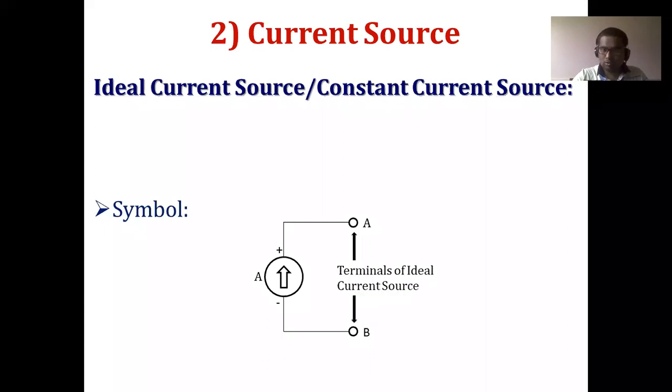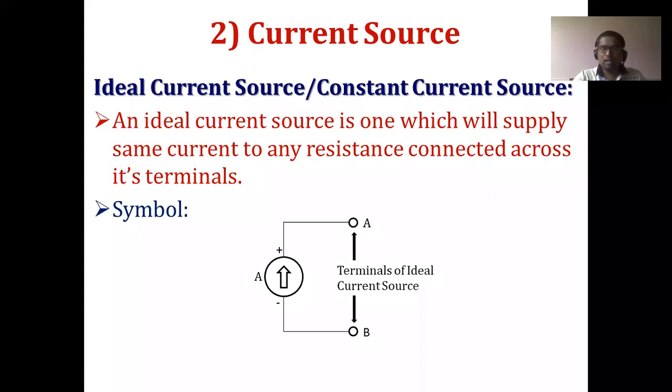So try to read that. These are the two terminals of an ideal current source. Read the definition: an ideal current source is one which will supply the same current to any resistance connected across its terminals. म्हणजे A आणि B मध्ये कोणताही रेजिस्टन्स कनेक्ट करा, it will always supply the same current. म्हणजे A आणि B मध्ये सपोज तुम्ही 5 ओहमचा रेजिस्टन्स कनेक्ट केला, किंवा 10 ओहमचा रेजिस्टन्स कनेक्ट केला, किंवा 15 ओहमचा रेजिस्टन्स कनेक्ट केला, तर ते कुठलाही रेजिस्टन्स कनेक्ट केला तरी या करंट सोर्सची जेवढी व्हॅल्यू आहे, सपोज या करंट सोर्सची व्हॅल्यू 2 एम्पियर आहे, मग तुम्ही 2 ओहमचा रेजिस्टन्स कनेक्ट करा ए आणि बी मध्ये, तुम्ही 5 ओहमचा रेजिस्टन्स कनेक्ट केला, तुम्ही 10 ओहमचा रेजिस्टन्स कनेक्ट करा, त्या प्रत्येक रेजिस्टरला 2 एम्पियर करंट फ्लो होणार.